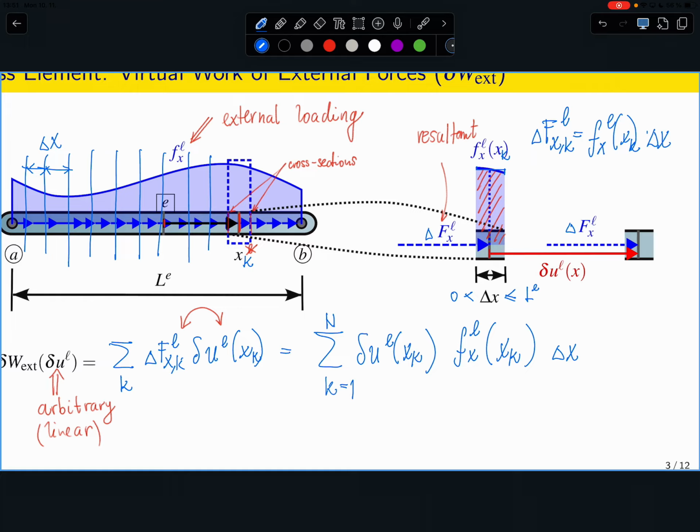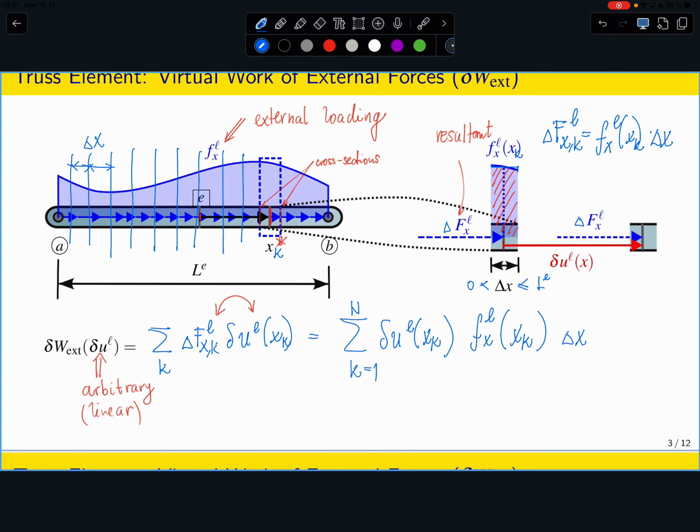And I'm just summing this contribution for the n slices. Hence, this is at this moment no longer accurate. This is some approximation.